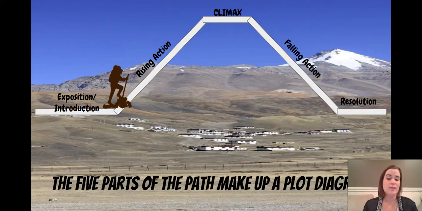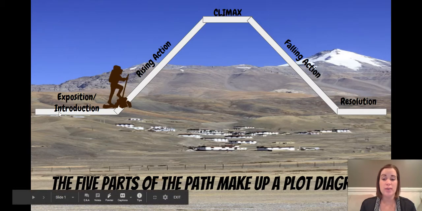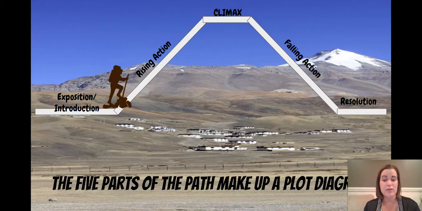There are 5 parts that make up the plot mountain or the plot diagram. We start at the beginning with the exposition or the introduction. We're going to go into more detail as we go on. Then the next part of the story we have our rising action, then our climax, our falling action, and finally the resolution of the story.